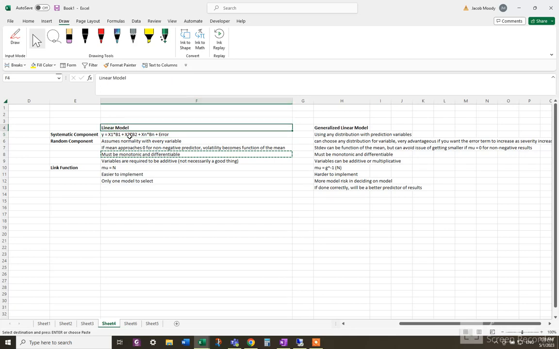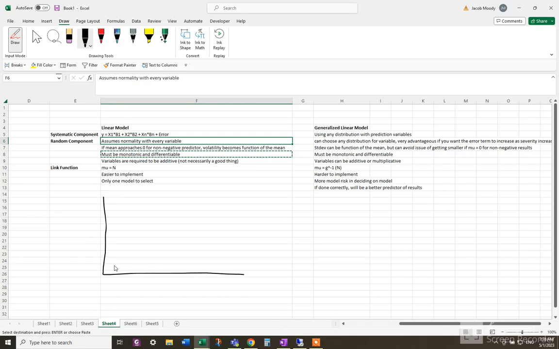So this linear model assumes normality with each variable. What does that mean? If I'm going to draw a graph right here, and let's say that I have some results, they're right here. It's going to assume normality, which is going to try to reduce the error term between all of them.